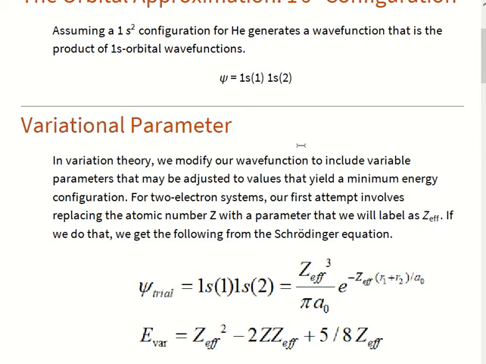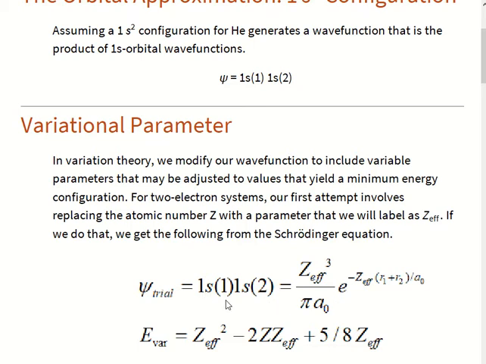All right, so for 2-electron systems, if we start with this idea of a 1s2 electron configuration, here's our trial wave function, and here is the general equation that we're going to use. Now, if you go back and take a look at the wave function for the 1s orbital in hydrogen, or for a hydrogenic system, we're going to note that this looks very much like that wave function.